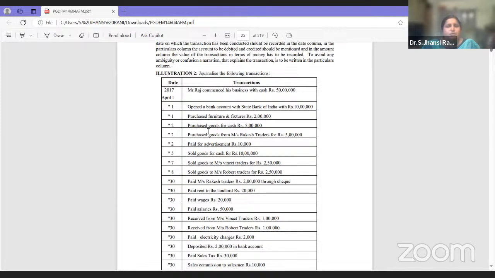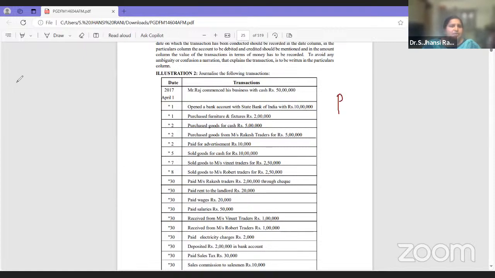Whenever you are purchasing goods or something, it is coming into the business. So as per the real account rule, debit what comes in. So what is coming? I will not write goods, I will write purchases. So my entry would be like this.